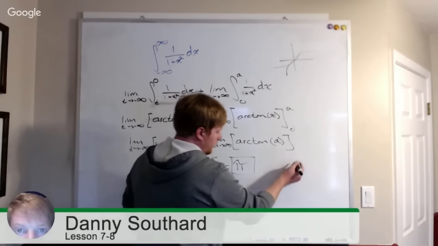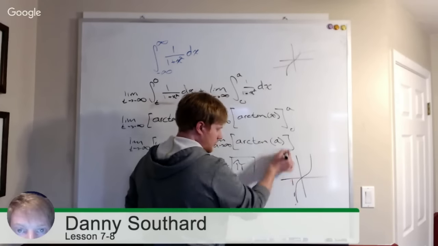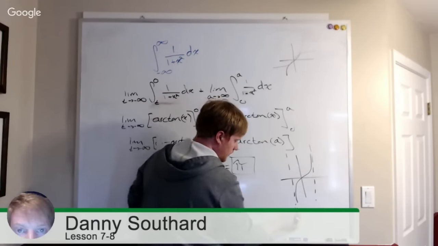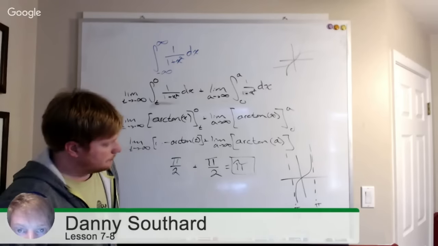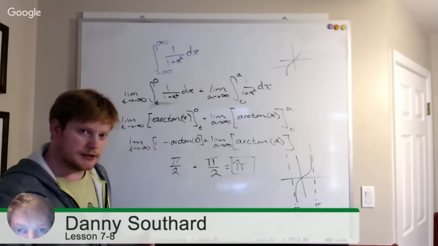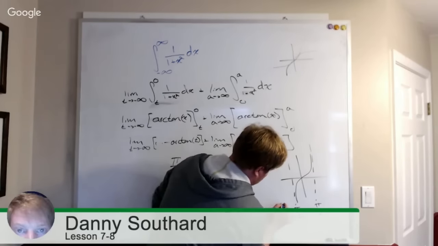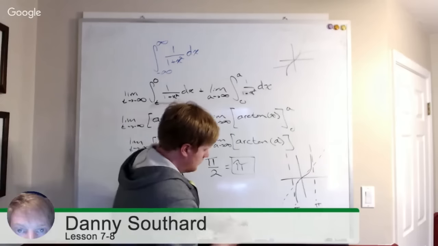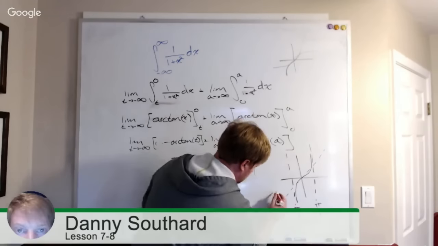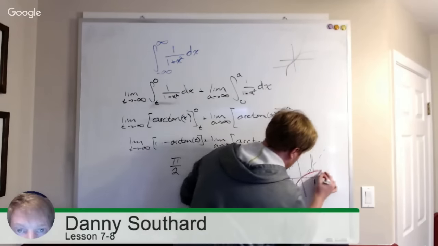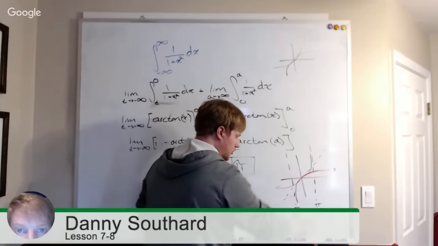But if you know what tangent looks like, and you know it's bounded here and here at negative pi over 2 and pi over 2, when you find the inverse of something, you're just reflecting it over the line y equals x. So if you were to do that, you get a scenario that looks like this, right? And now these vertical bounds have become horizontal bounds.